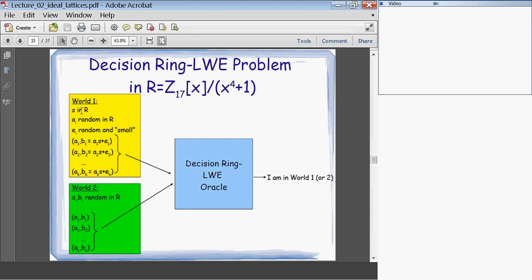So trying to solve the problem of finding S, which is the search formulation of the problem, is equivalent to the problem of, when you're given random A and random B, trying to figure out whether they're simply random or they were generated using a special process, and the process is driven by the Ring-LWE problem.